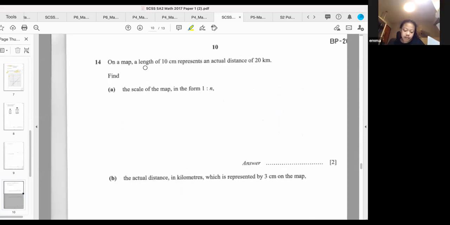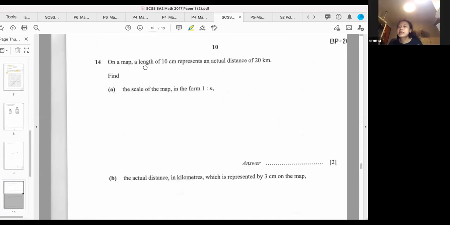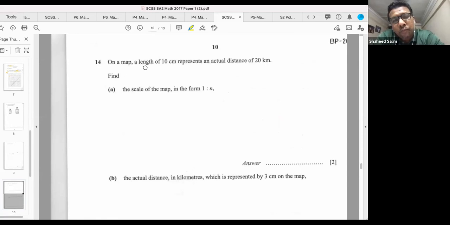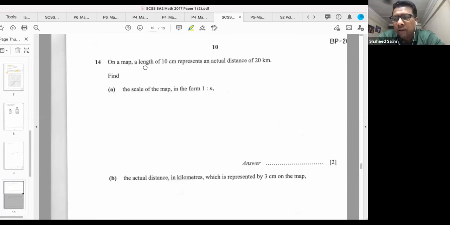Anyway, have you done this one? No. You remember this one? You are tested on this one, right? Map skills. I think you are, yes. Okay. So can we try now? You try the first one. See whether you recall. If not, I will guide you through.